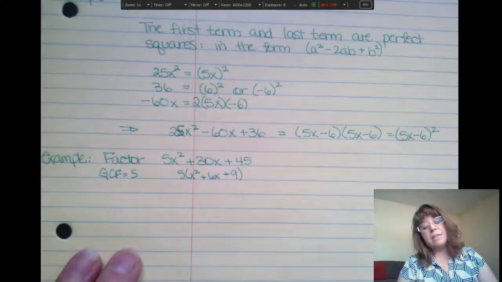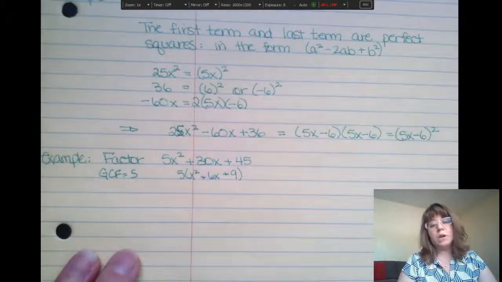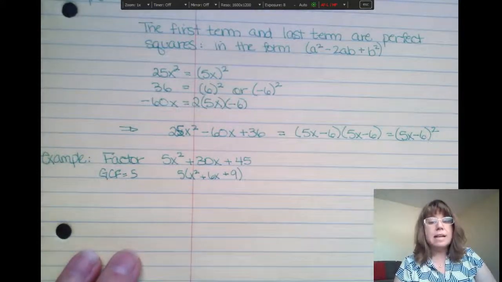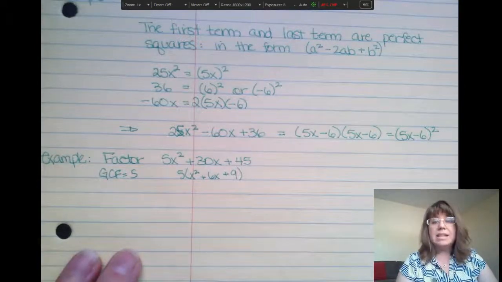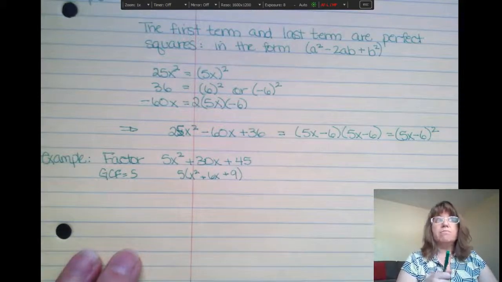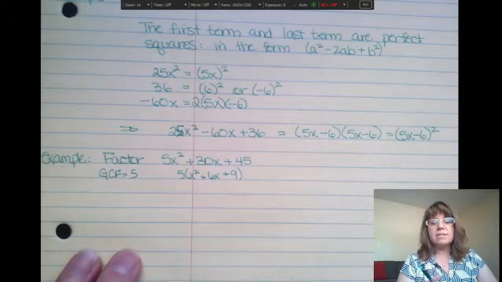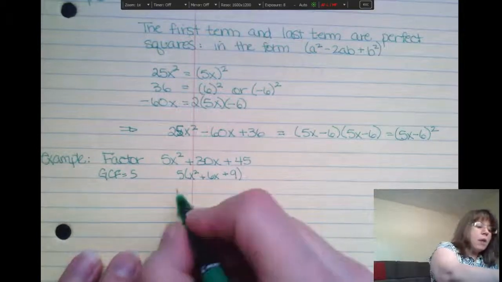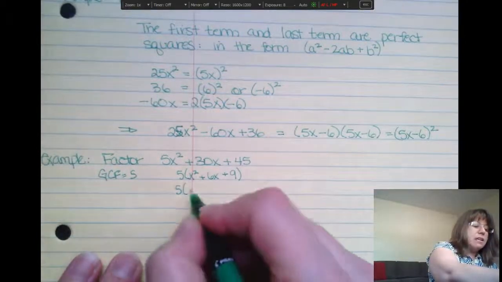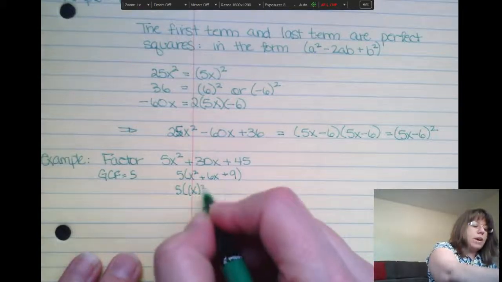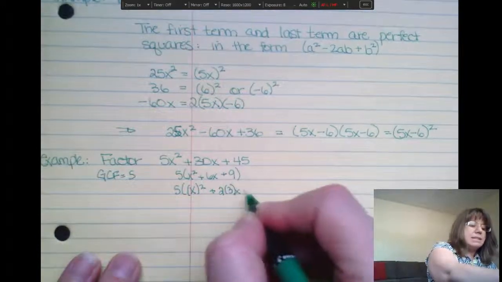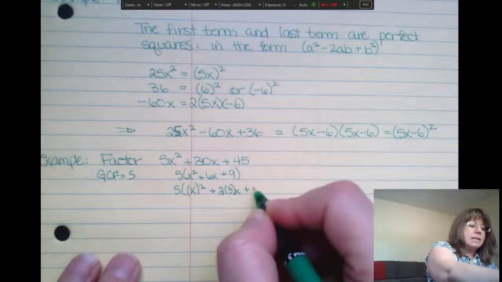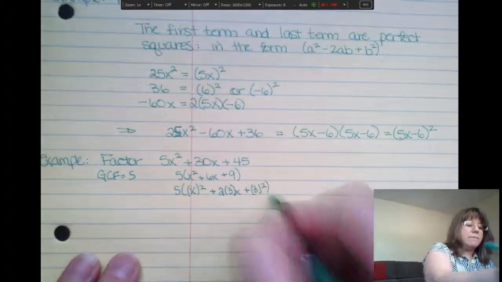Now I'm going to test, is my first term a perfect square? Yes. Is my second term a perfect square? Yes, it is. Is that middle term twice times the perfect squares? It is. So how I can write this is 5 times, that's x quantity squared, plus 2 times 3x plus 3 squared.